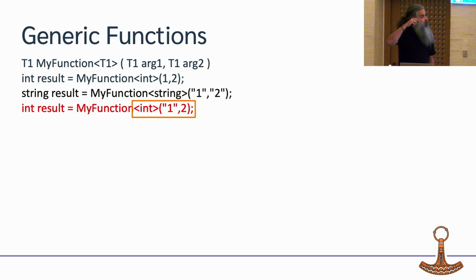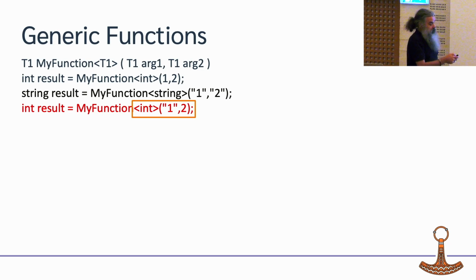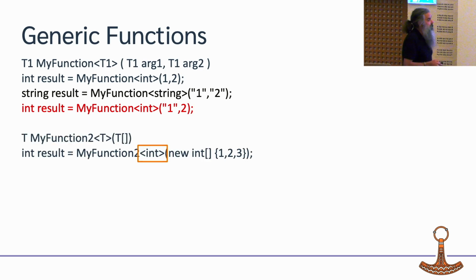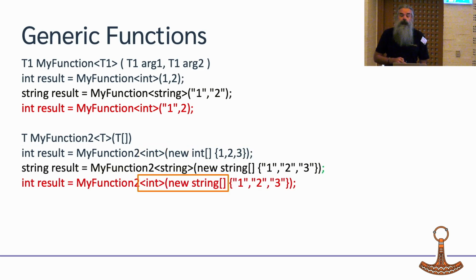And then if I say I want to call the version that takes int arguments and returns an int result, then the compiler knows that I want to give int arguments, but in this case I've given a string, so it won't compile.